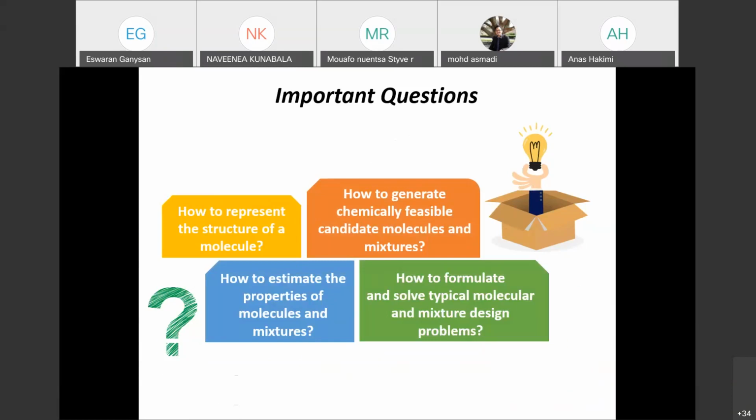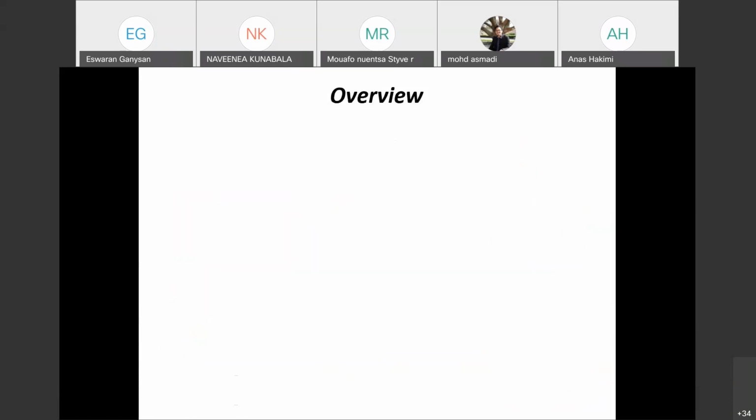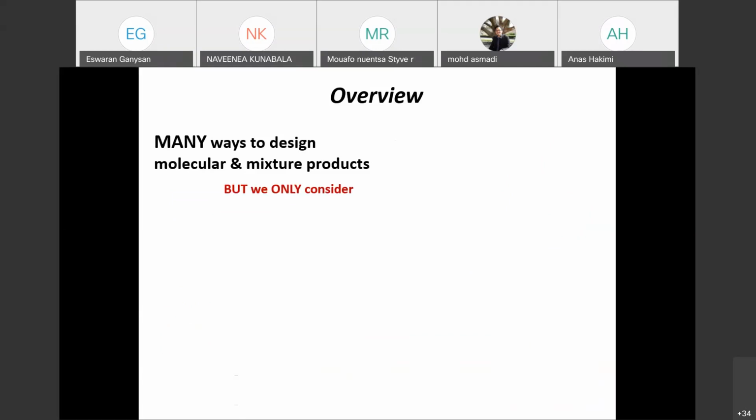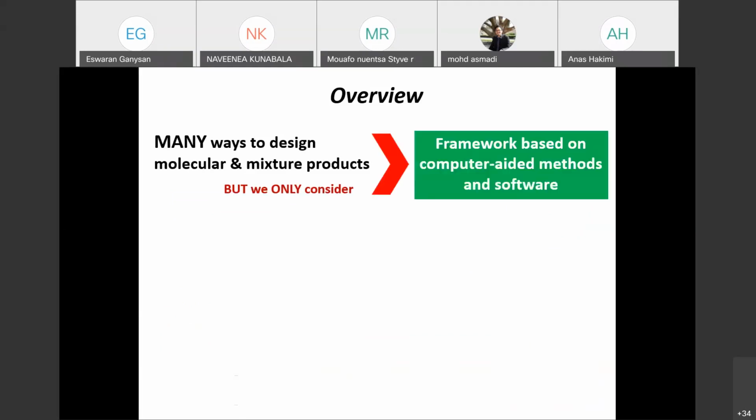Generally, if you use computer aided CAMD, you need to verify by using experiment. This is what I told you last time. There are actually many ways to design molecules and mixtures, 101 ways, but what we are focusing on is only the framework based on computer aided methods and software.